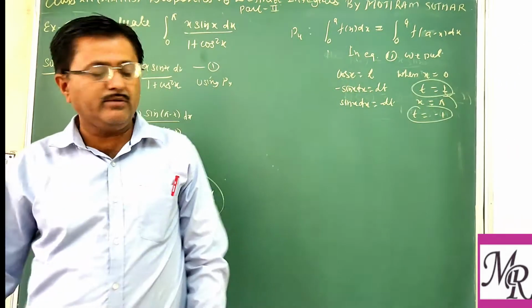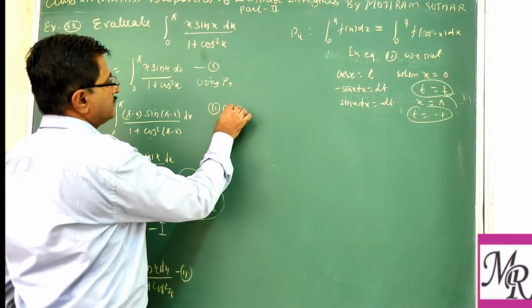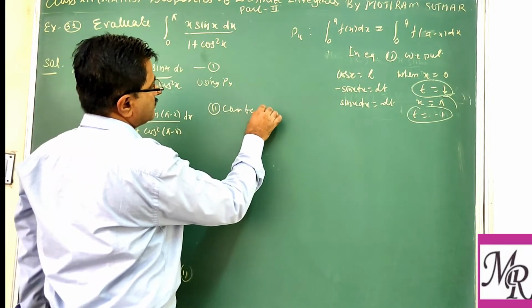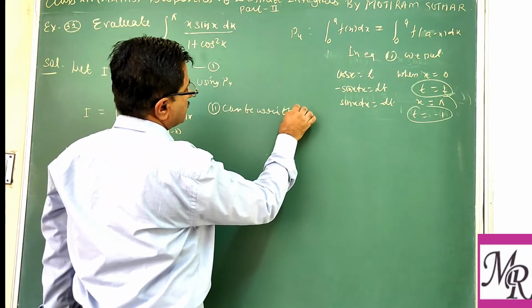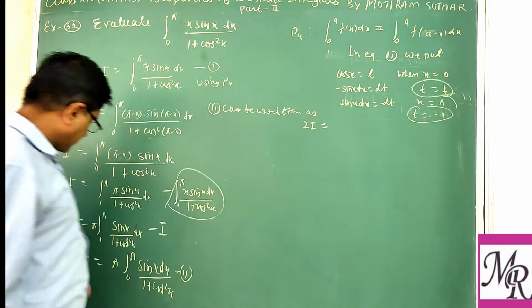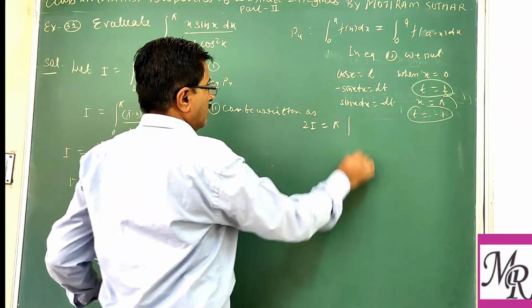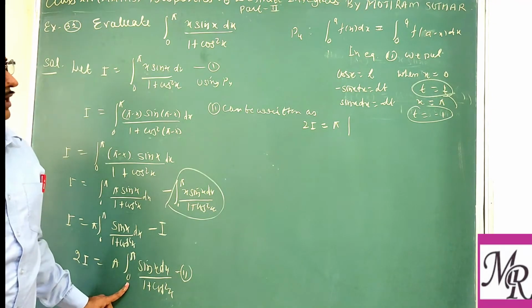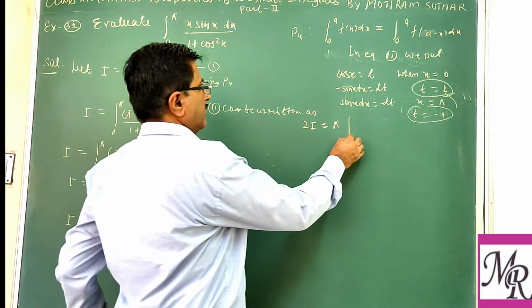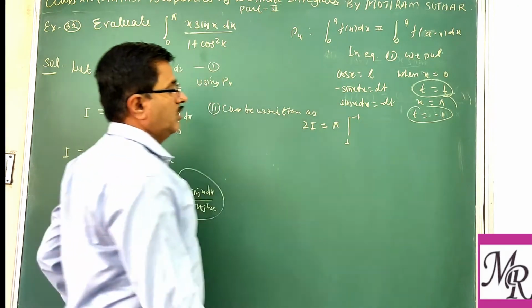So now equation 2 can be written as 2I equals pi times the integral with the new limits: when x equals 0, t is 1, and when x equals pi, it is minus 1.